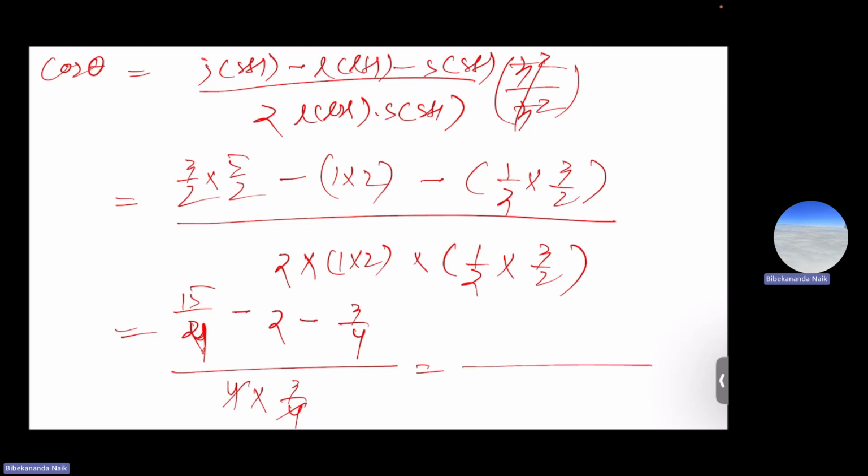So it will be divided by 4. 15 minus 8 minus 3, so 15 minus 11, it is 4. 4 by 4 into 3, so 3. So cos theta is 3.